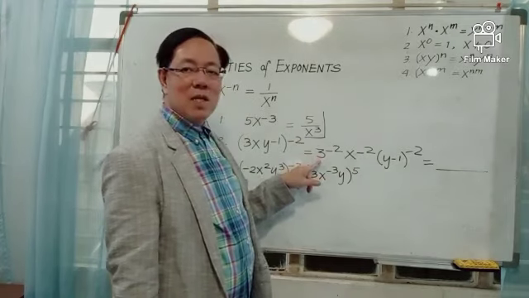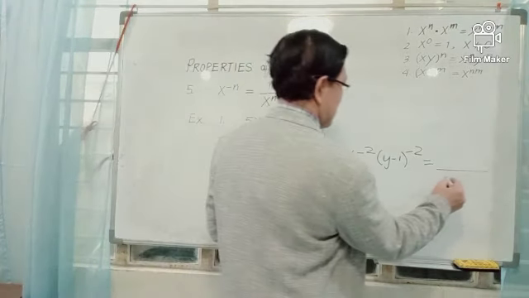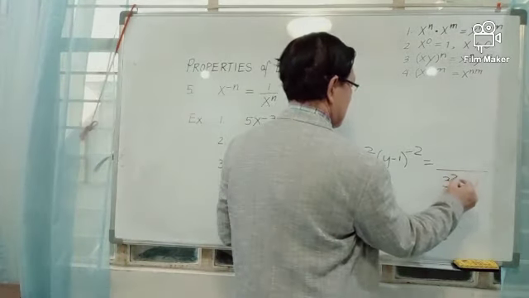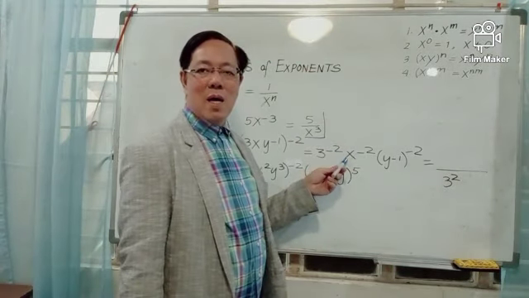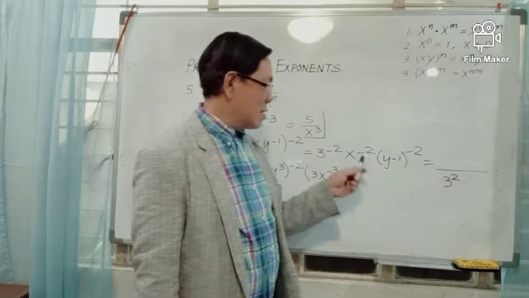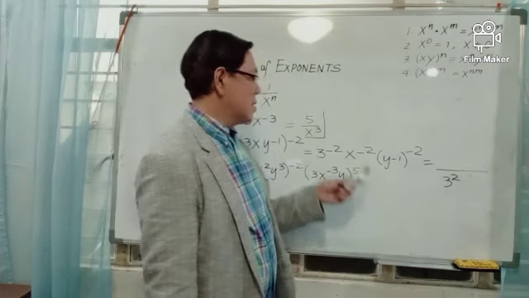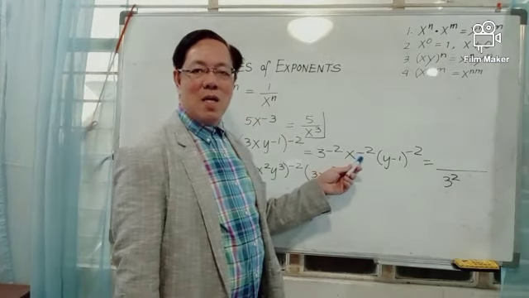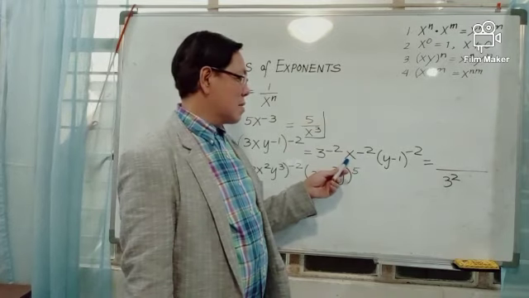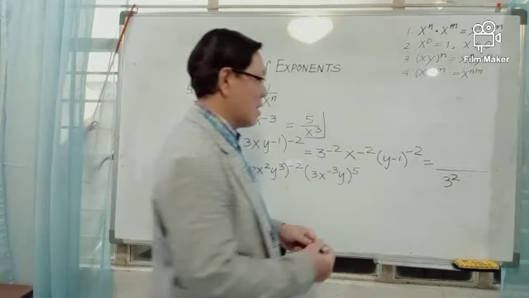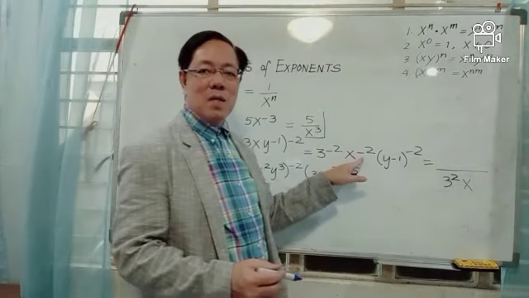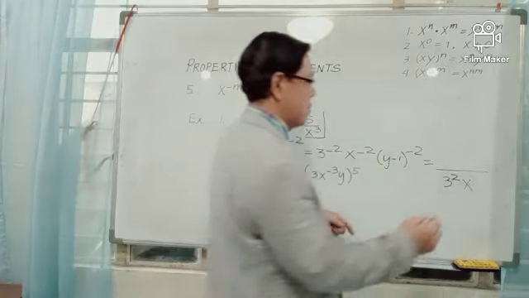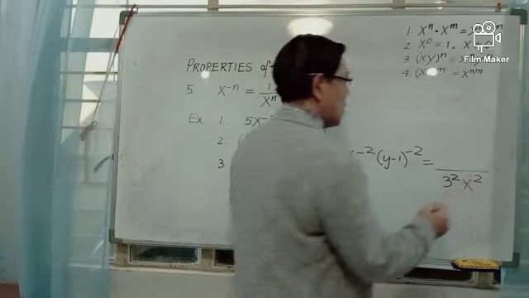And we get 3 to the power 2. Multiplied by x to the negative 2, you bring this down to the denominator, but take the opposite sign of the exponent of x. And we write x, opposite sign of negative 2 is positive 2, or 2.